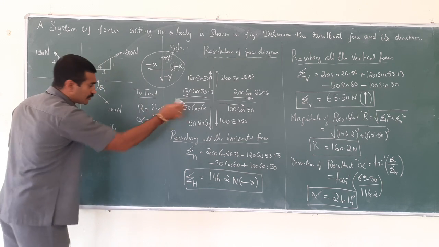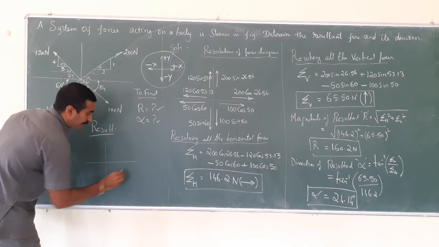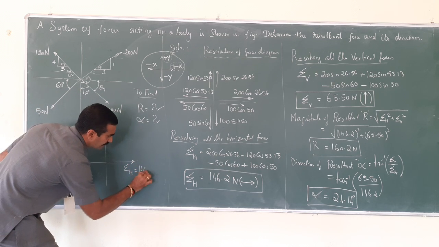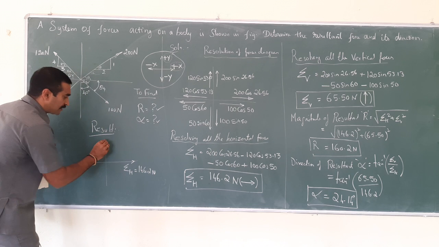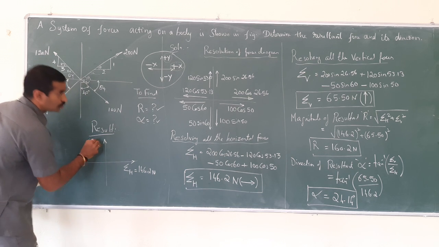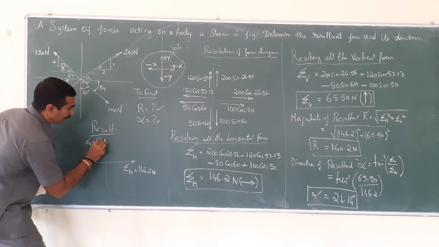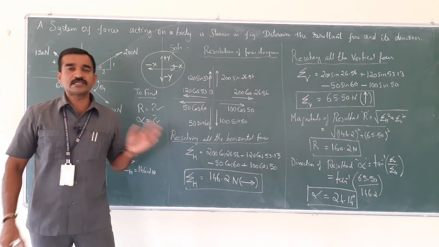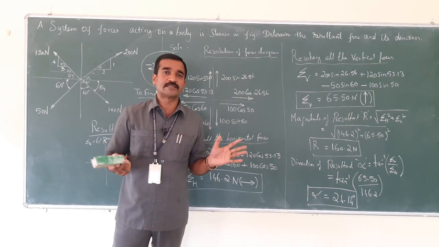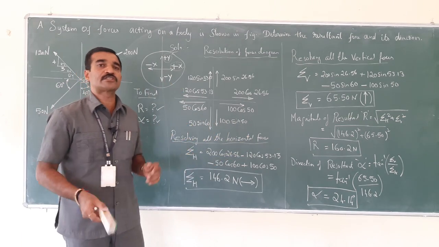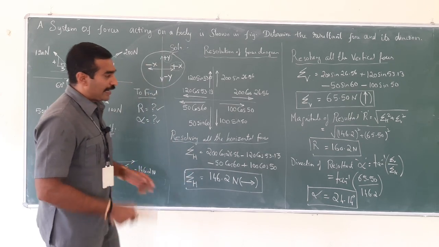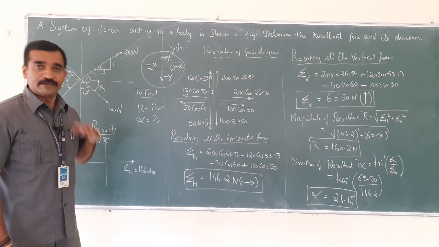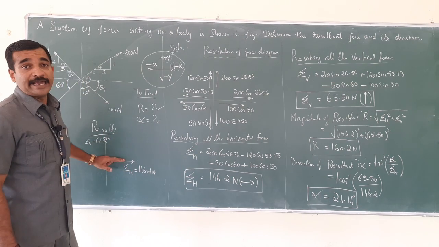As far as this problem is concerned, this is the summation H, which is equal to 146.2 Newton, and summation V equal to 65.50 Newton. And as you know, the resultant should lie between these two forces, between summation H and summation V. And at what angle? 24.14 degrees from the horizontal, with the x axis.